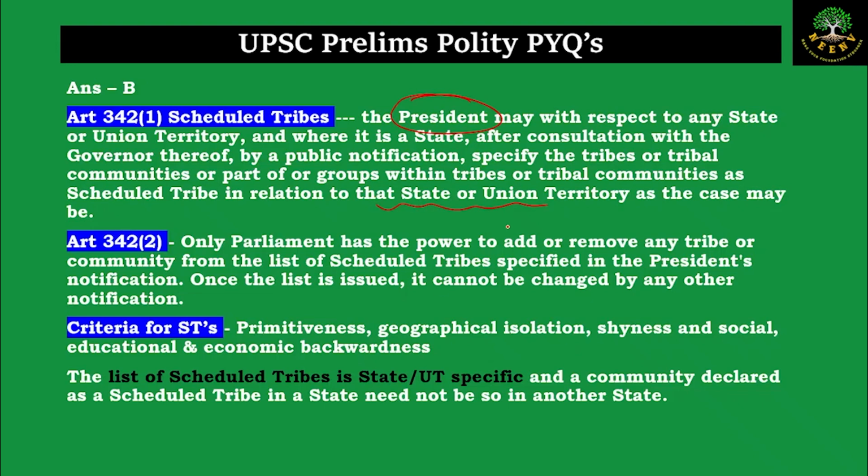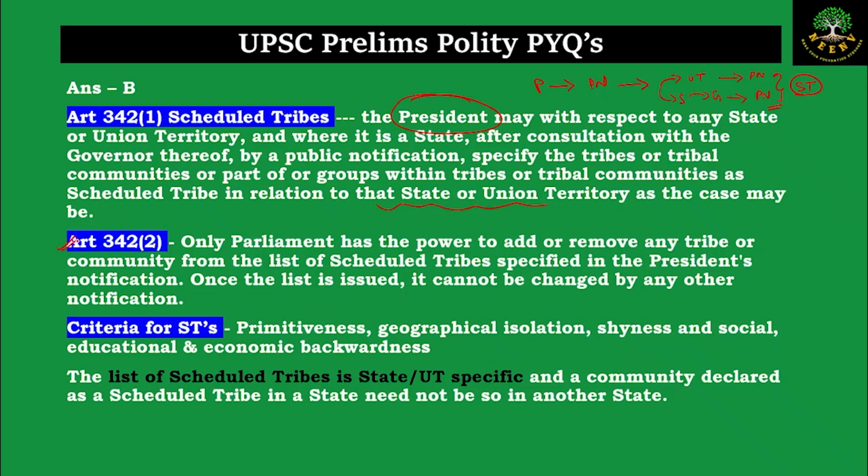So what this says is, if it is a UT, the president will directly issue the public notification. If it is a state, after consulting the governor of that state, the president will issue the public notification, and in that the president will specify that a particular tribe or community will be considered as scheduled tribe for that particular state.